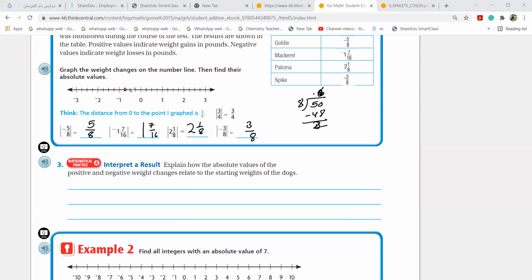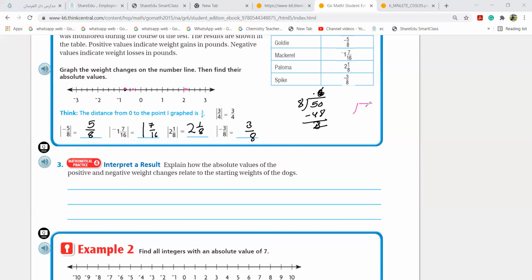And then you have something here. Girls, the number line is not that important. This is 2 something, right? 2, 1 over 8. It has to be somewhere after 2 here. And then 3 over 8.